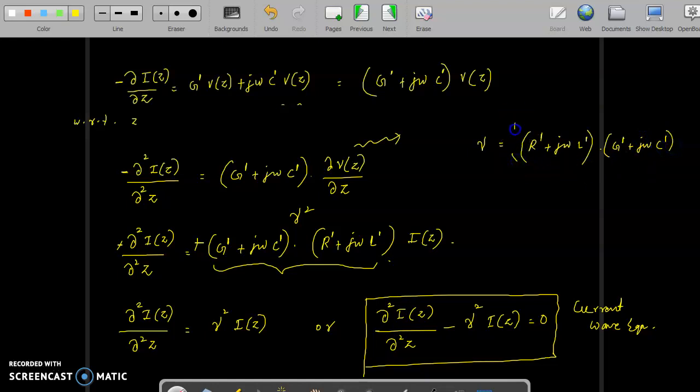Gamma is called the propagation constant of the transmission line.